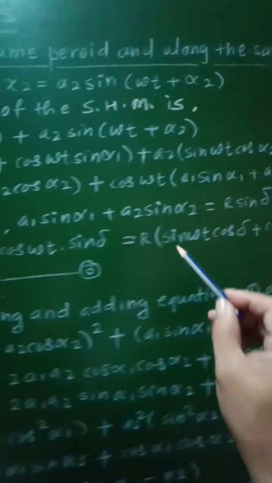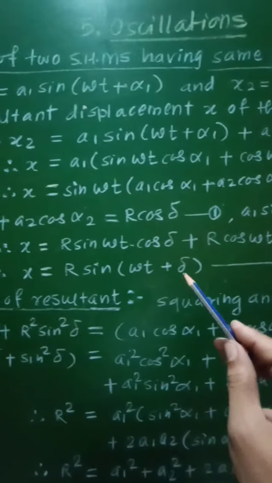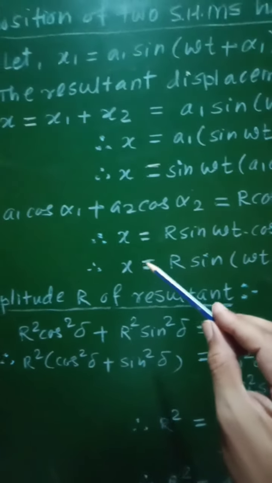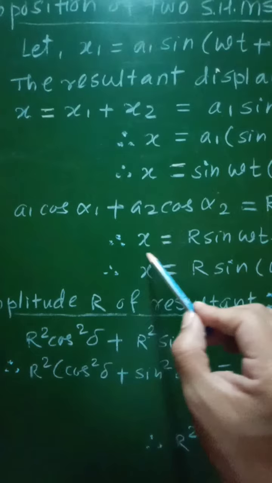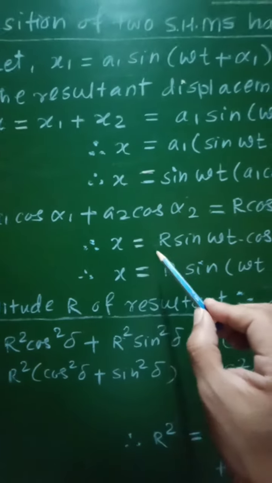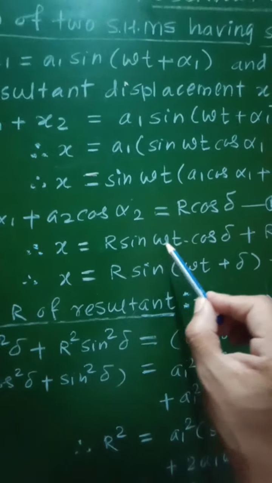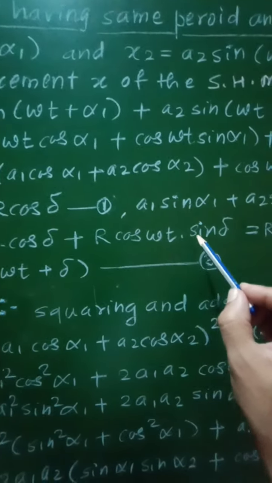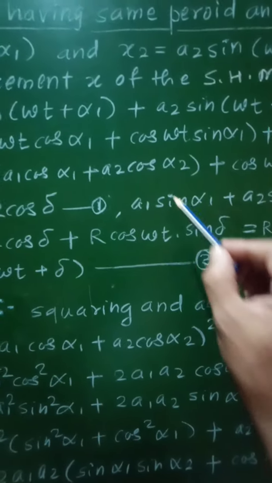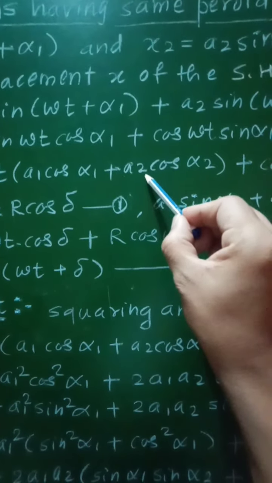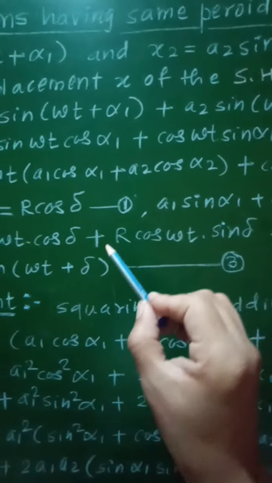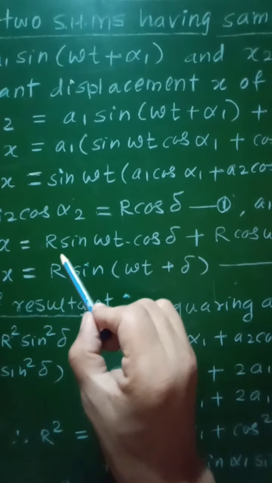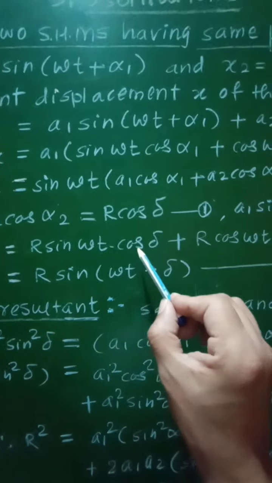So putting these substitutions in the above equation, we will get x equal to r sin omega t cos delta plus r cos omega t sin delta. In place of the first bracketed term, r cos delta is there, and therefore we will get r sin omega t cos delta.